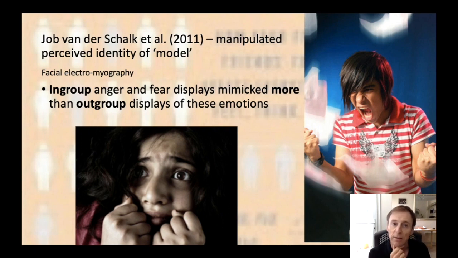So in this study, Job van der Schalk found that in-group anger and fear were mimicked much more than out-group displays of the same emotion. So something even as apparently basic and primitive as that.